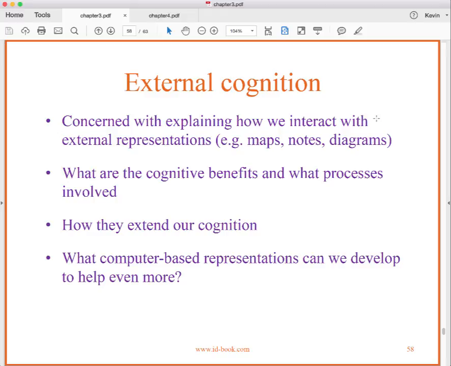How do they extend our cognition, and what computer-based representations can we develop to help even more? This is pretty much on the edge of where we as interaction designers have an opportunity to help society, I would think.